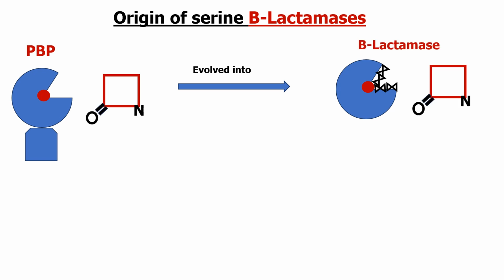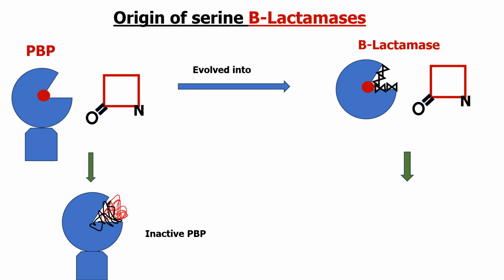It's like the bacteria have decided to have their revenge by transforming their penicillin binding proteins, which are inactivated by beta-lactam antibiotics, into zombie heads eating and damaging beta-lactams. So I call it the revenge of bacteria.